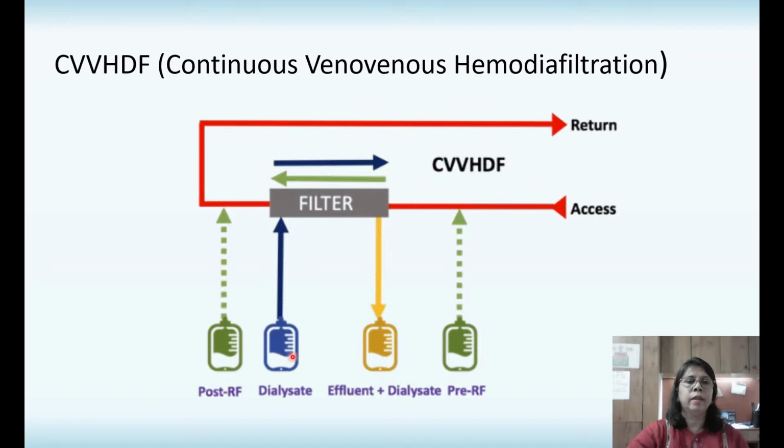Now here there is a dialysate which is perfused before the filter, and it is perfused in the direction which is counter current to the blood flow. This is the dialysis component. The second component is the pre-filter or the post-filter replacement fluids, and this results in an effluent which consists of the spent dialysate as well as the effluent or ultrafiltrate which was set during CVVHDF.